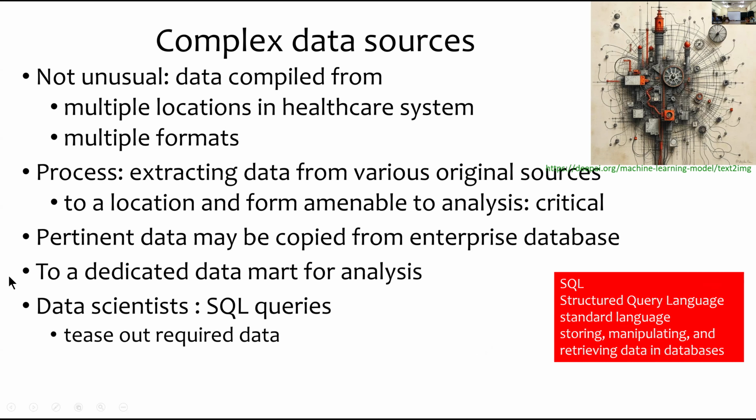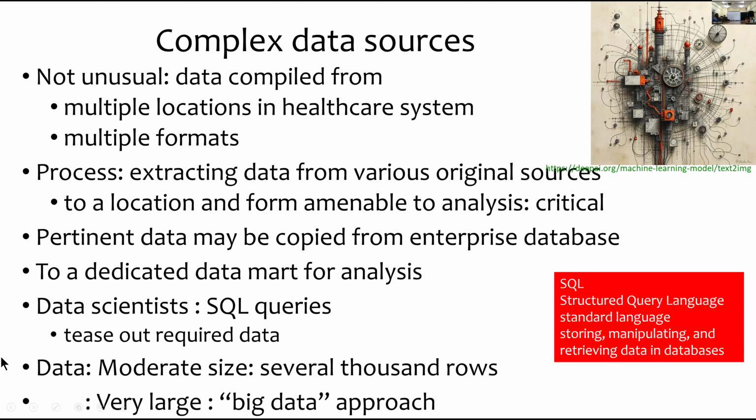For teasing out the data, and sometimes the data is several thousand rows. So it's huge volumes of data, and you're going to get them all. If it's in millions, it's called big data. Big data has 6 V's. Does anybody know what the 6 V's are? Volume, huge volume. Velocity.